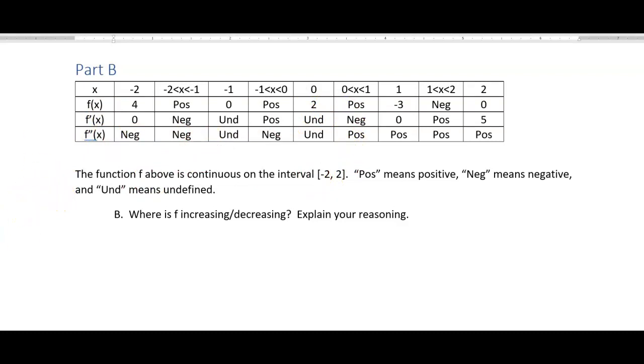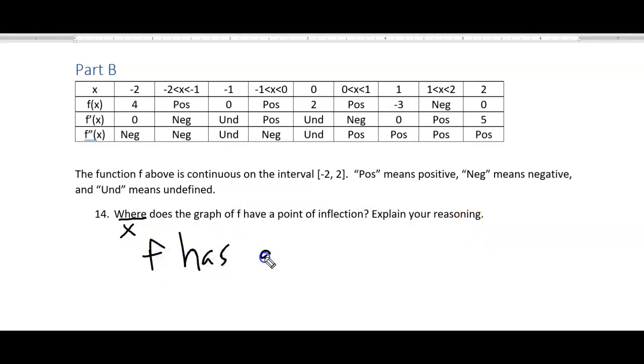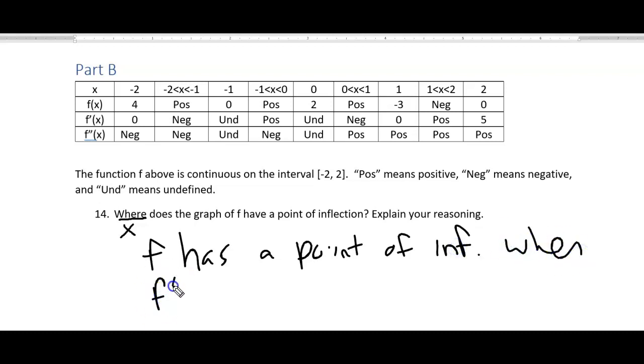All right, moving on to number 14, which is asking us where does the graph of f have a point of inflection? So we would say that f has a point of inflection when f double prime changes signs.